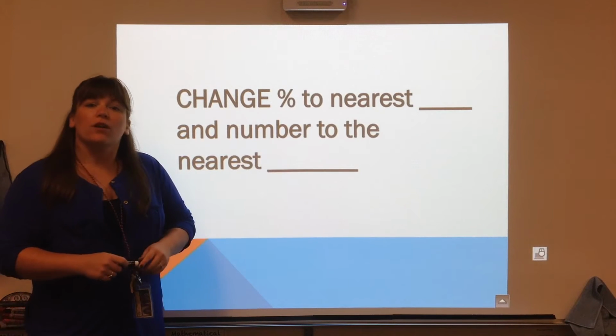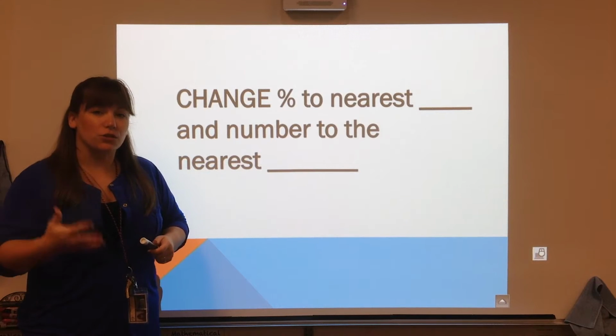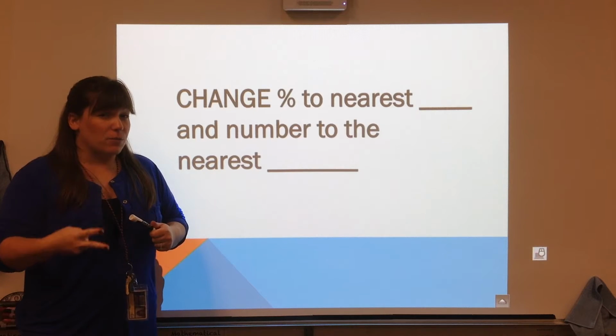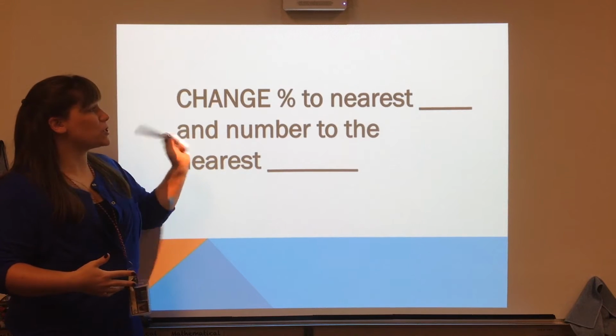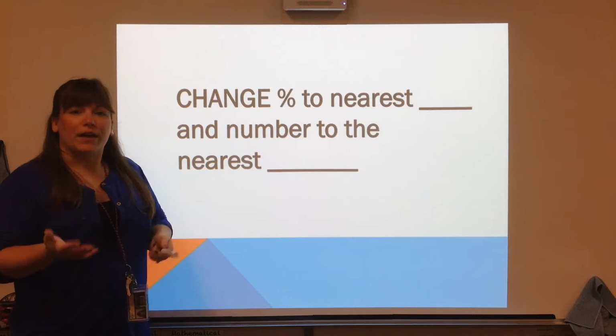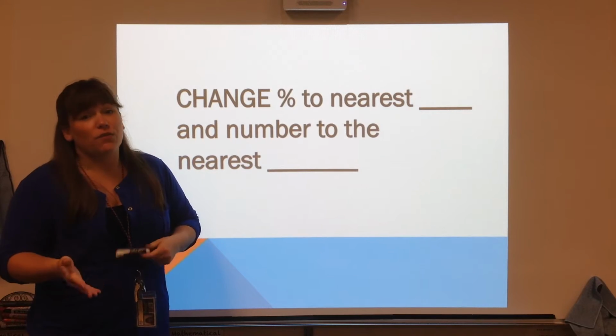So in your notes, I'm going to show you two ways to estimate with percents. Regardless of whatever way you pick, you're going to have to change the percent to be a friendly number, and the actual number that we're finding a percentage of, you're going to have to change.